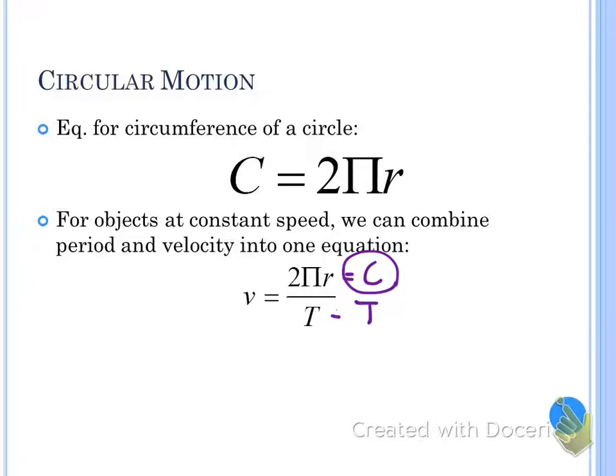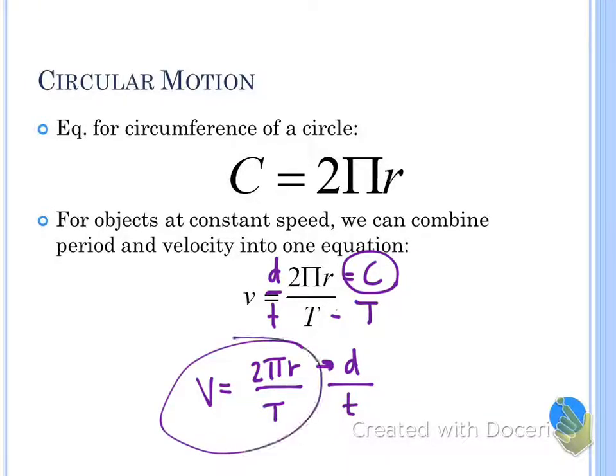So this is essentially distance over time, which is exactly what velocity is. So velocity for circular objects is circumference, which is 2 pi r, over period, right? Because this is the distance for one circle over the time it takes to travel that one circle. This equation should go on your equation sheet as well.